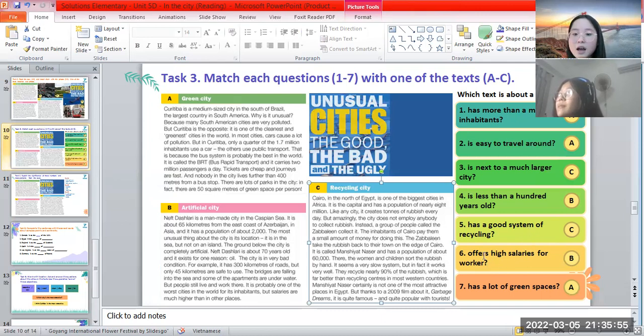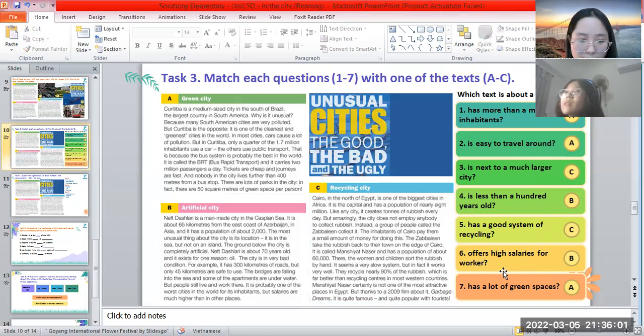Question number 6, which city offers high salaries for workers? You choose B. Now let's look at B. Offer high salaries. So here, I found it: the salaries are much higher than in other places.